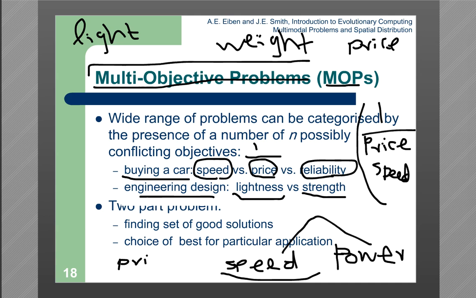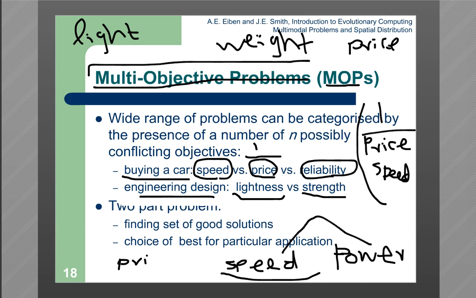So this is a multi-objective problem. Multi-objective problem refers to the problem where we have more than one fitness, but the fitnesses are not the same. The fitnesses are opposite.